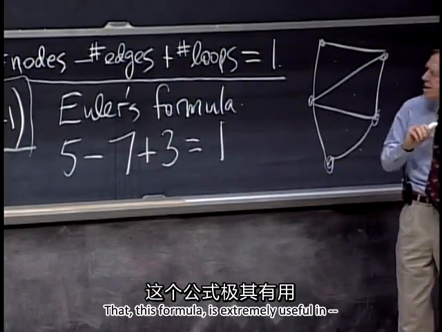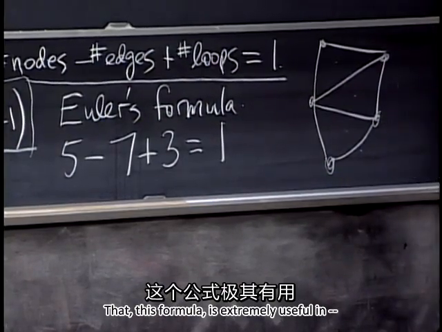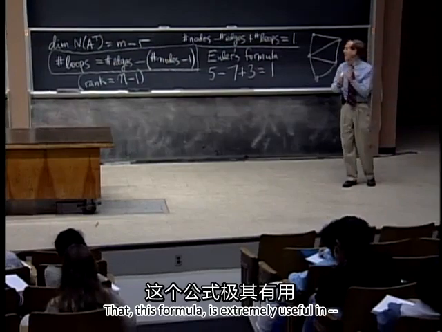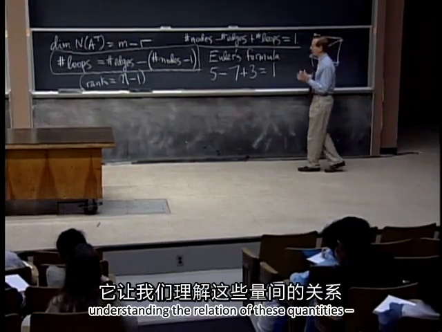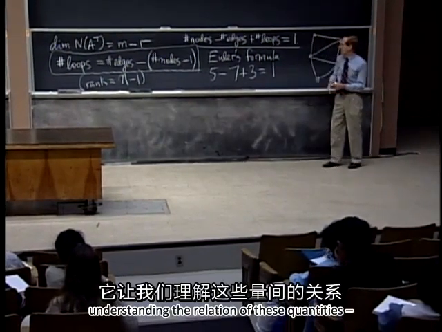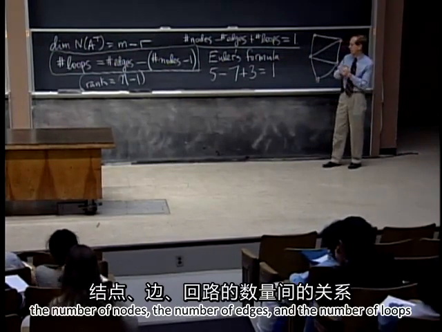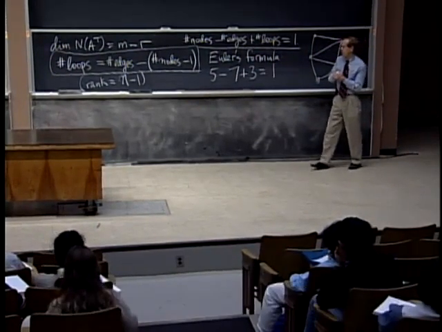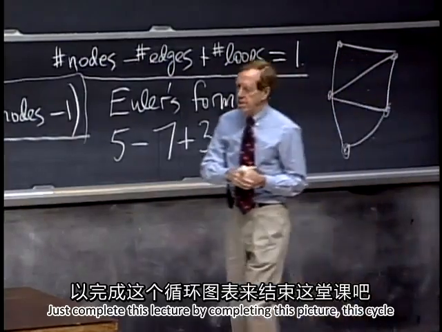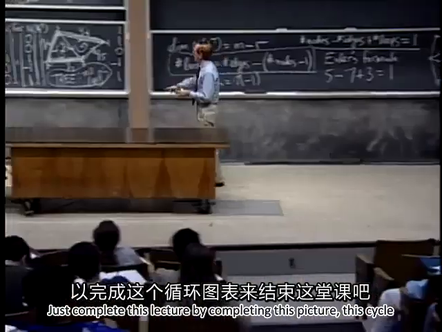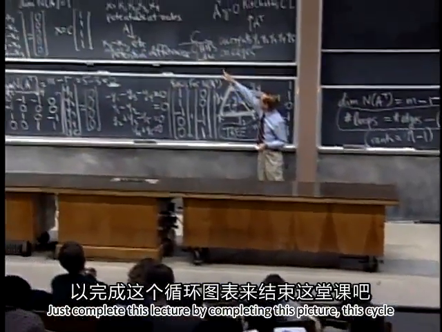This formula is extremely useful in understanding the relation of these quantities, the number of nodes, the number of edges, and the number of loops. Okay. Just complete this lecture by completing this picture, this cycle.